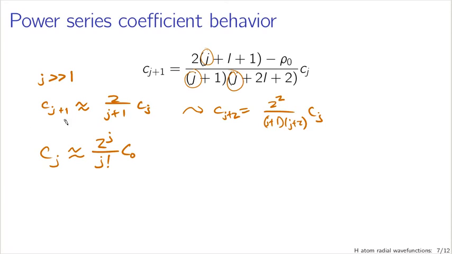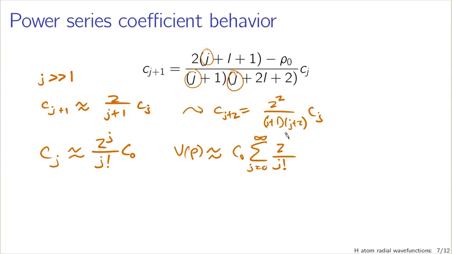So if this is the form of the coefficients of our power series, this should look familiar. This means that v of rho is approximately equal to, for large rho, c naught times the sum from j equals 0 to infinity. Assuming this is exact, we can start our sum at 0. 2 to the j over j factorial.